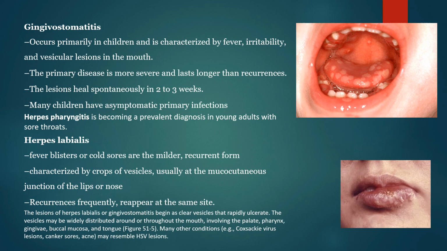The lesions of herpes labialis or gingivostomatitis begin as clear vesicles that rapidly ulcerate. The vesicles may be widely distributed around or throughout the mouth, involving the palate, pharynx, gingivae, buccal mucosa, and tongue. Many other conditions, such as Coxsackie virus lesions, canker sores, and acne, resemble HSV lesions.